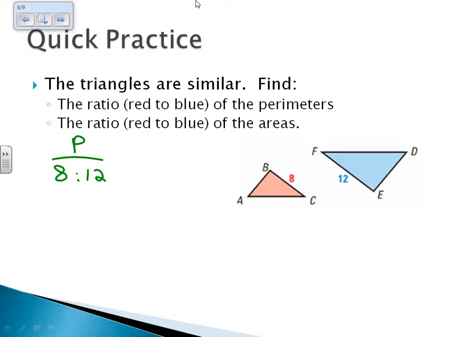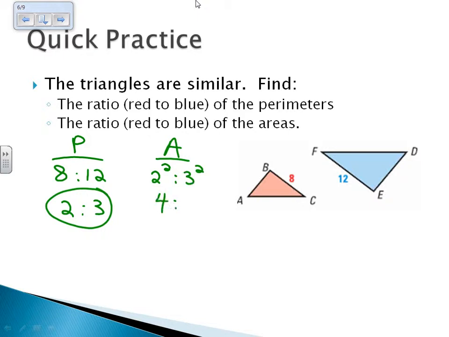Reduce it. 2 to 3. So the ratio of my perimeters is 2 to 3. Therefore, the ratio of my areas has to be 2 to 3 squared. So it's going to be 2 squared to 3 squared, which is 4 to 9. Right? In the area, remember, you have to square the ratio of your perimeter.